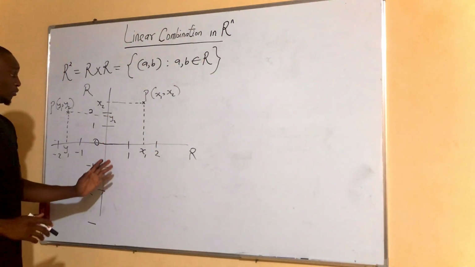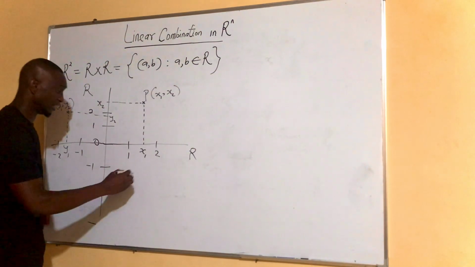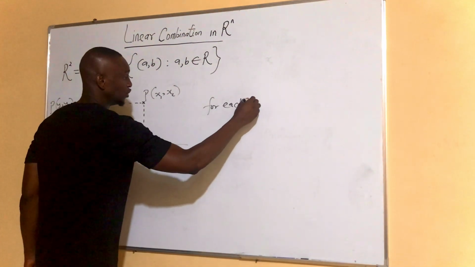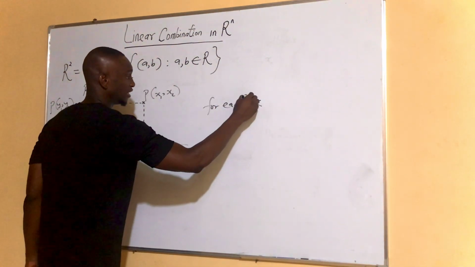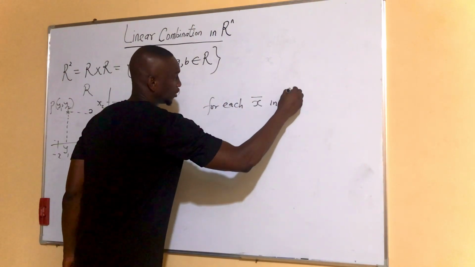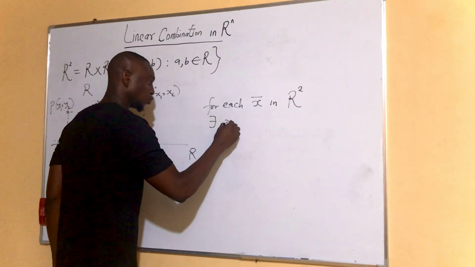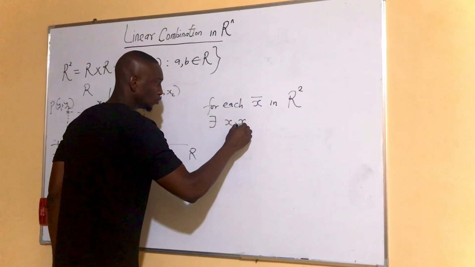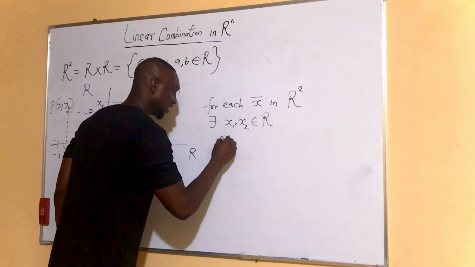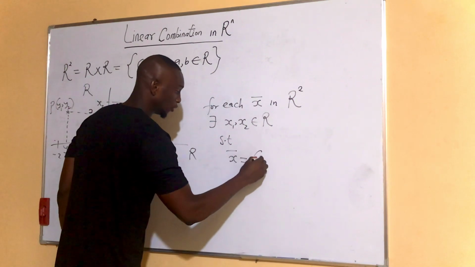This is how we employ the ordered pair in this definition. And you have to understand that for each element, let's call the element x bar, for each element x bar in this R to the power of 2, there exist x1 and x2, elements of real numbers, such that x bar is equal to the ordered pair.